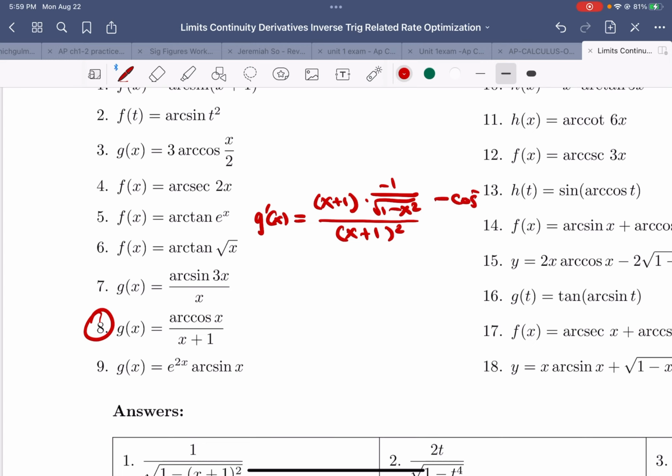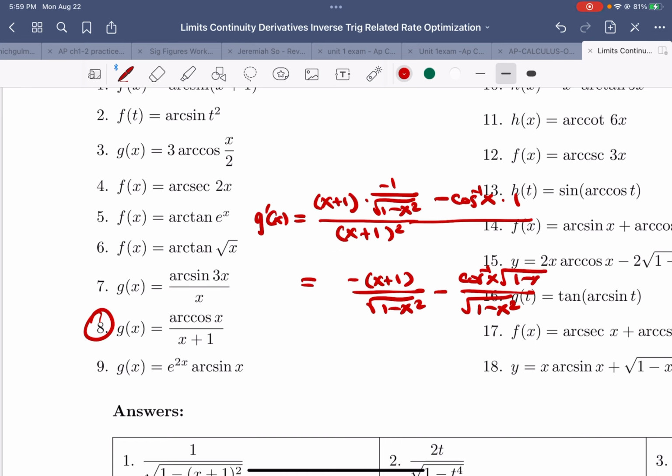So inverse cosine x times the derivative of x plus 1, which is 1. Now let's see how you're going to simplify this. So then you can say negative x plus 1 and root 1 minus x squared, minus common denominator, so root 1 minus x squared inverse cosine x over root 1 minus x squared, and that divided by x plus 1 squared.